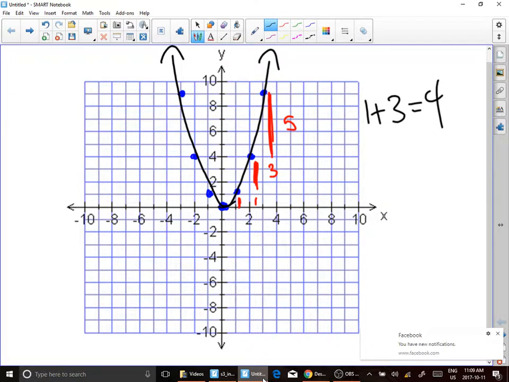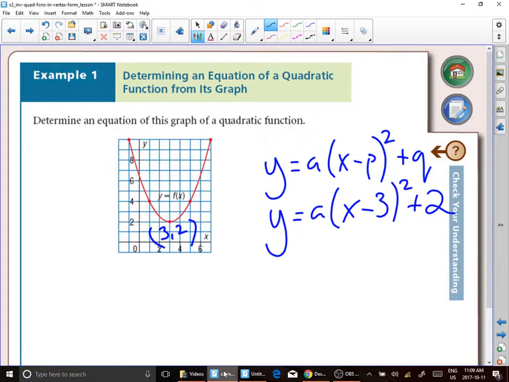At the standard x squared, we should be going over 2 and up 4. 1 and 3 makes 4. So if we go back here, we go over 2, and how much do we go up by? 2. So think about that. We're supposed to go up 4, but we only go up 2. So what would A be? 1/2. Very good.